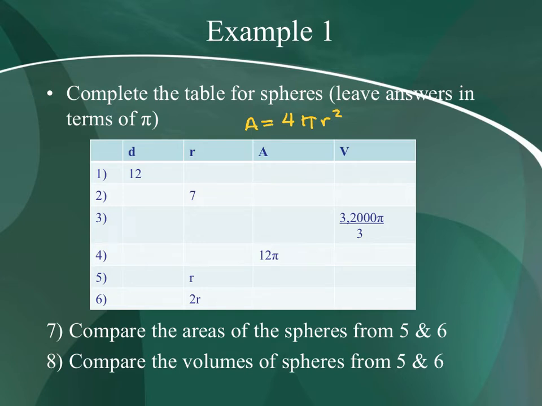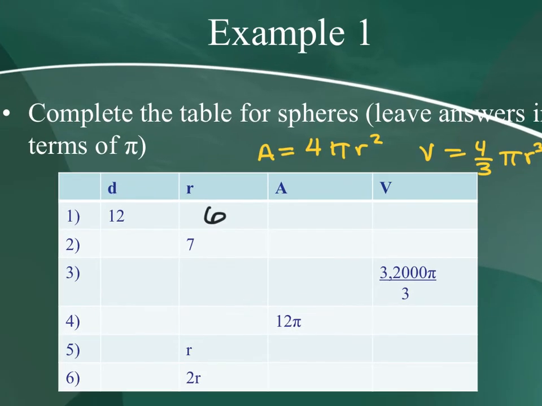For volume, it's 4/3 pi r cubed. So we're going to fill in the chart. To change a diameter into a radius, we divide it by 2.